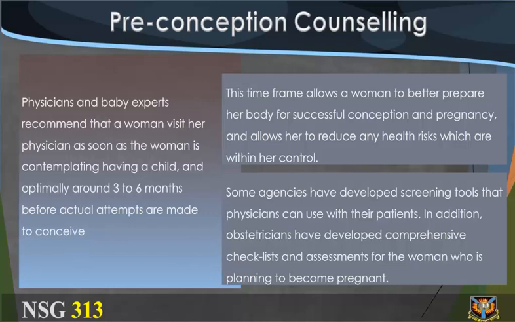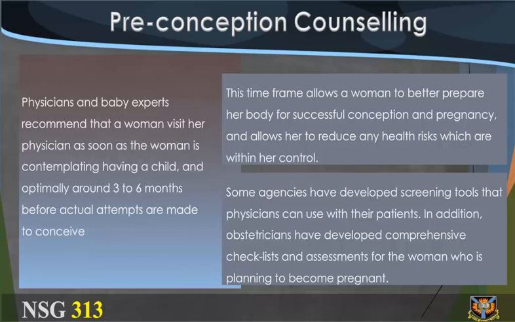Physicians and baby experts recommend that a woman visit a physician as soon as she is contemplating having a child, and optimally around 3 to 6 months before actual attempts are made to conceive. This time frame allows a woman to better prepare her body for successful conception and pregnancy, and allows her to reduce any health risks which are within her control.